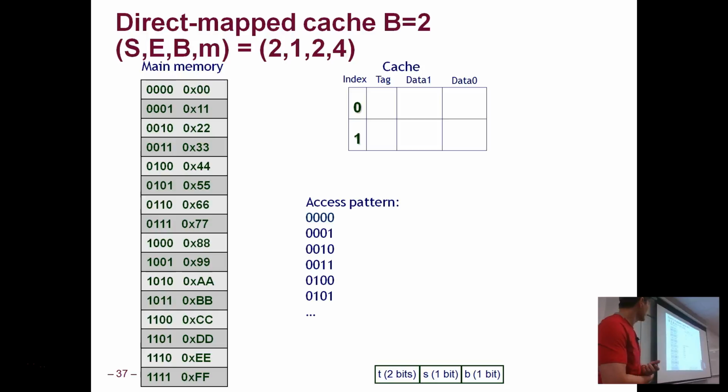Okay, so here is another direct map cache. It has 2 sets, 0 and 1, but it has 2 bytes per block. Here is an access pattern, 0001, 1011. What is the hit rate or miss rate of this access pattern?